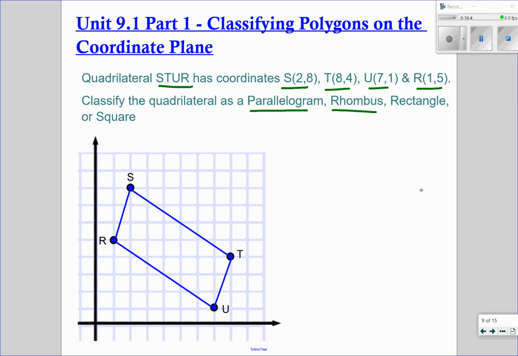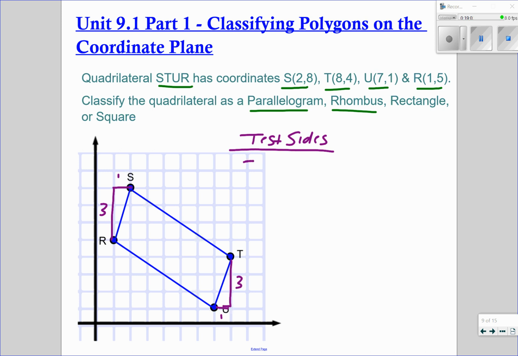So you need to still be able to justify your work. So we're still going to go ahead and test the sides. When we test our sides, we can draw our triangles. I'm going to start with opposite sides since I thought this thing was a parallelogram. And these are both 1 by 3 triangles.